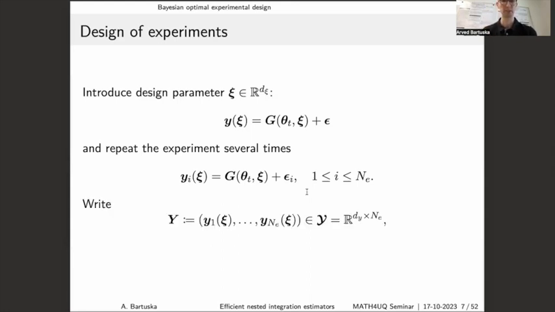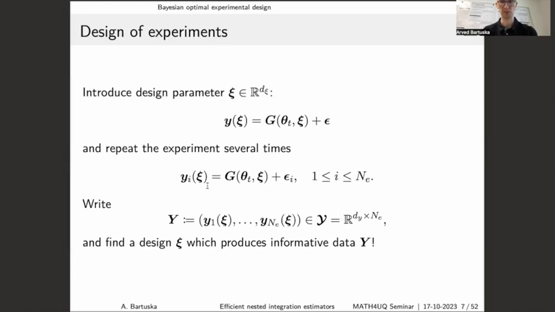And then we write all the observations from all the sensors, all the electrodes, and all the experiments into one big matrix, basically Y. These measurements depend on the design.